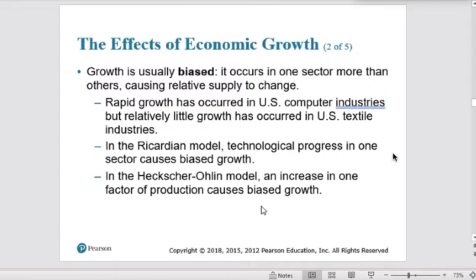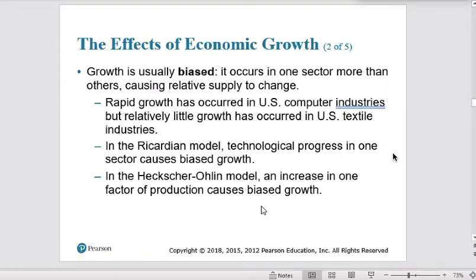And what usually drives economic growth? Well, in the last couple of decades, it's pretty clear that what drives economic growth is technological improvement.